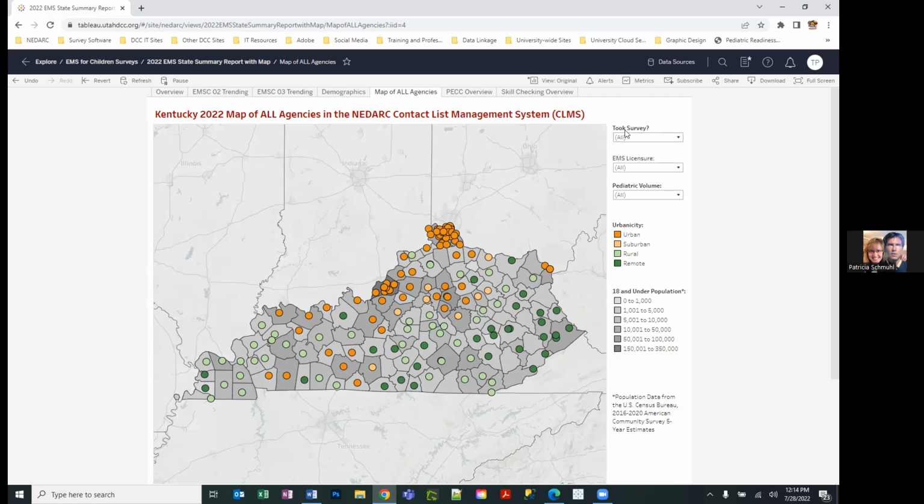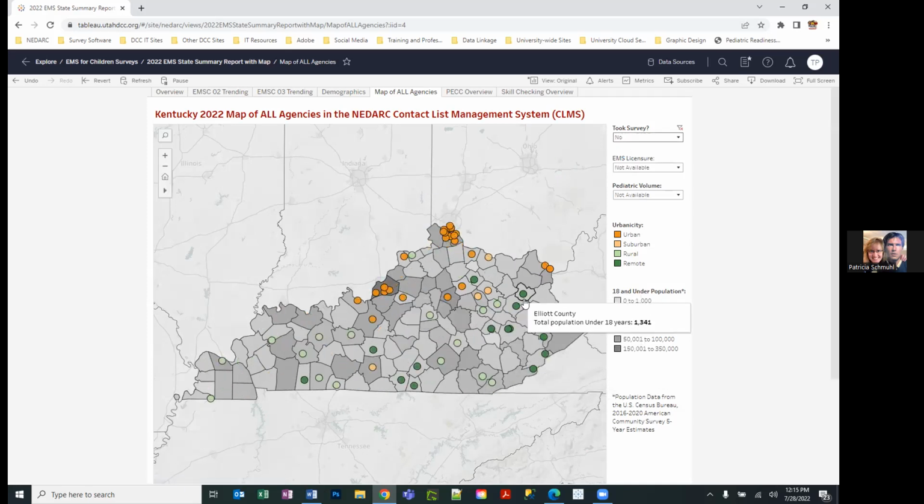So let's look at if they took the survey. This is to help you look at the representativeness of the data. So if I was to say, just show me those who took the survey, I can see there's some counties in here where I have no information. And if I look at those that say no, they didn't take the survey, I can see they actually do have agencies.